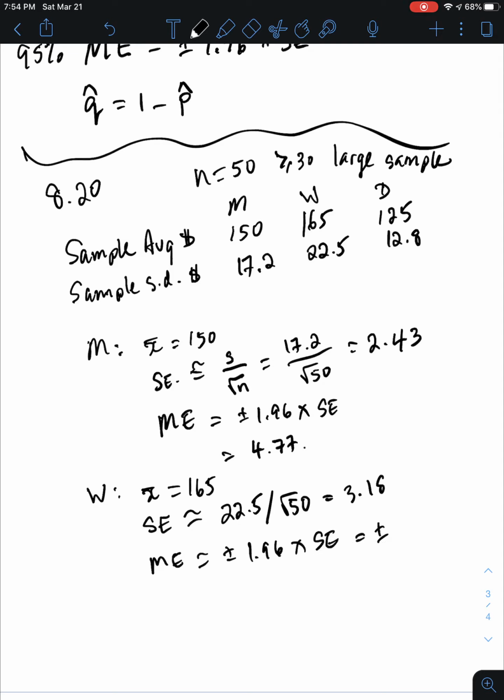And finally, for DoubleTree, X bar is 125. Standard error is 12.8 divided by the square root of 50. .81.